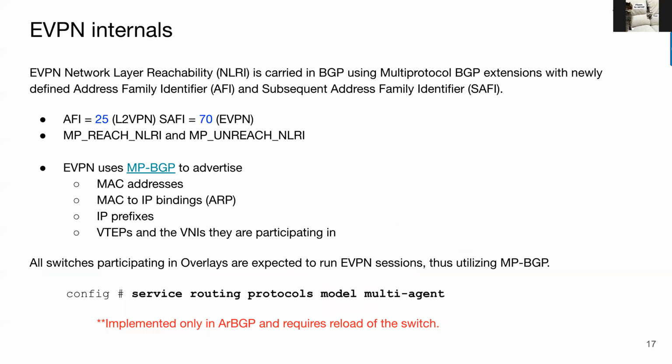All right, so let's start talking about some of the more interesting aspects of EVPN and how it works and how it exchanges all of the control plane state between our VTEPs. We have this network layer reachability, this NLRI, which is carried in our BGP messages, specifically multi-protocol BGP, because we cannot use EVPN with our GateD BGP.